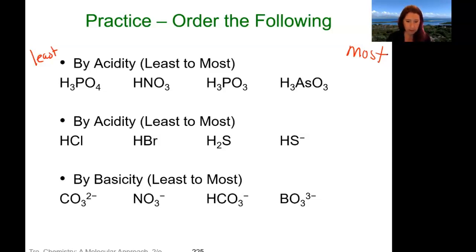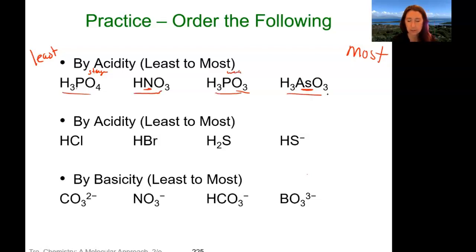So when we look at the periodic table, we've got As, P, N, and another P. So we have these two P's. We can directly compare these two, right? This one has 3 O's, and this one has 4 O's. Remember, more O's, more acidic, right? So this one is going to be stronger, and this one's going to be the weaker of these two, right?